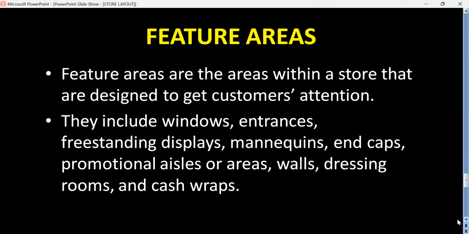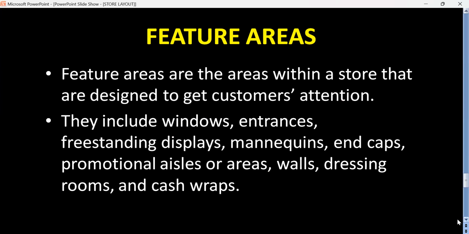They are not points of sale. One cannot go and buy a product there, or have a product display there, but these areas are used to make the retail store different from other stores, as well as to increase the aesthetics of the store. They help in gaining the attention of the customer towards that particular store.